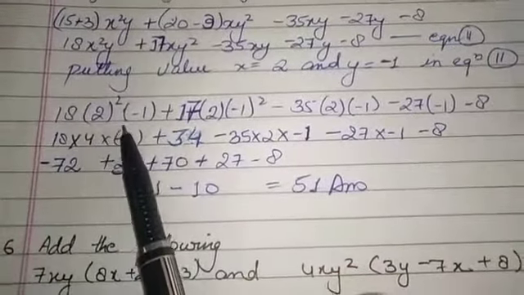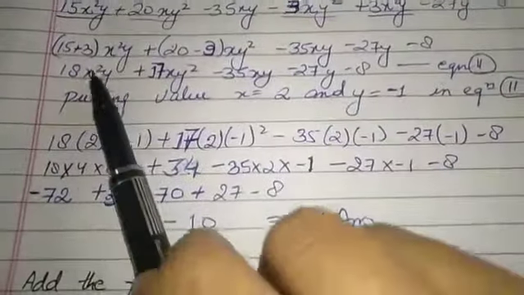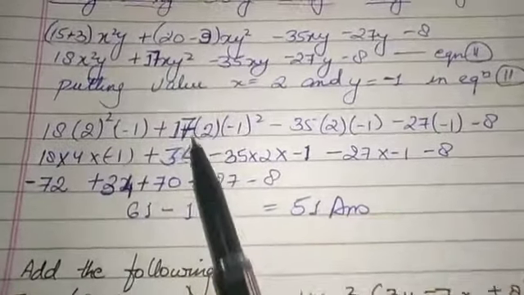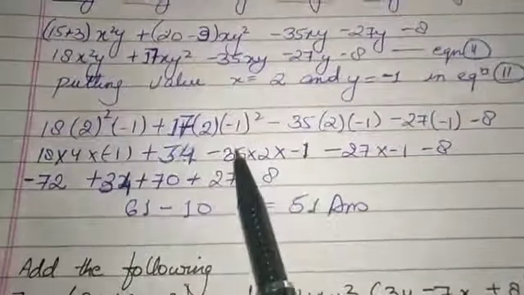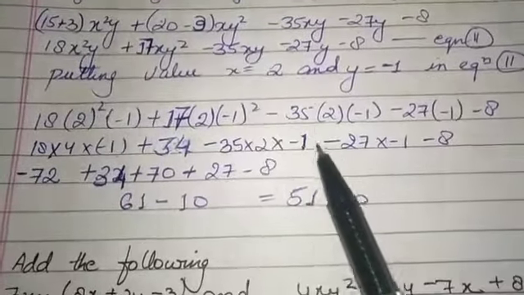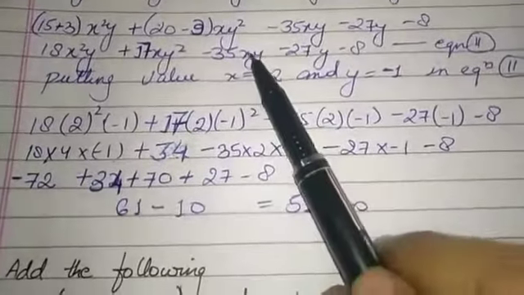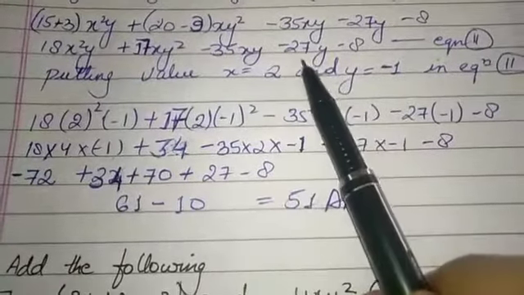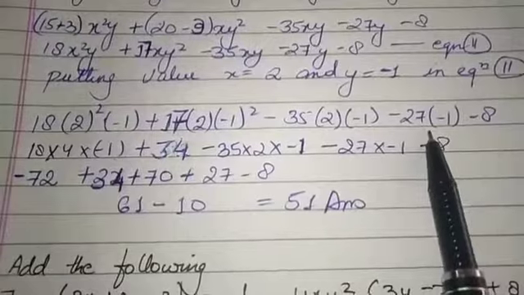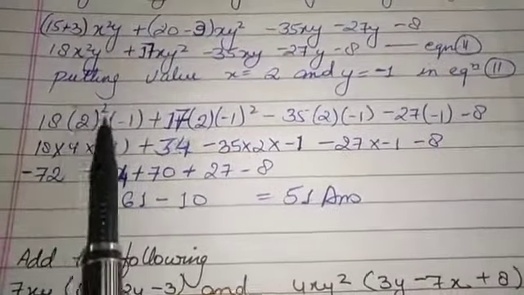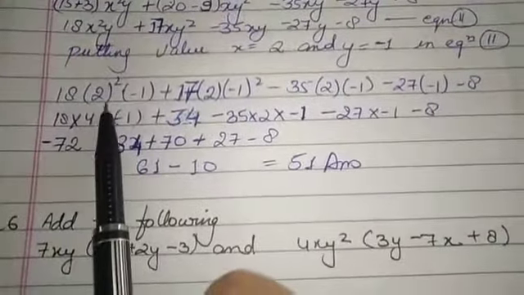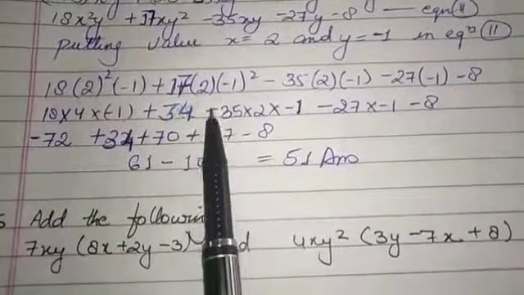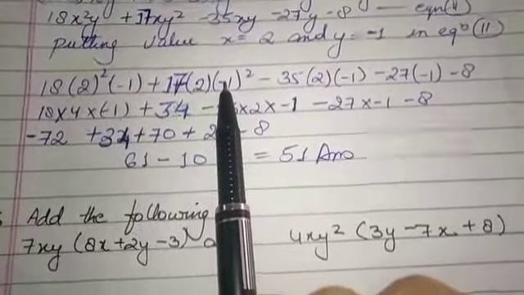I put values like this: in place of x square I put 2 square, and y is minus 1. In place of x it is 2, y square is minus 1 square. Now solving these two, 18 into 4 into minus 1, then 34 into minus 1.